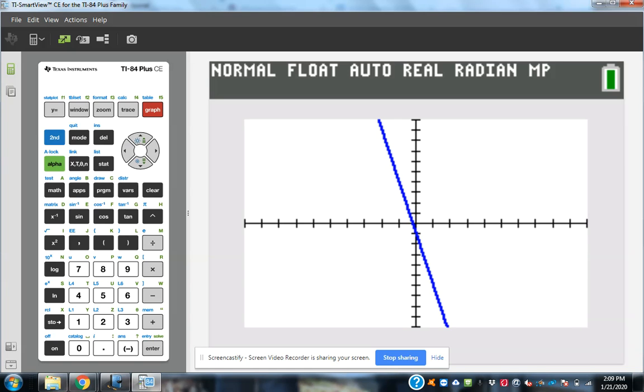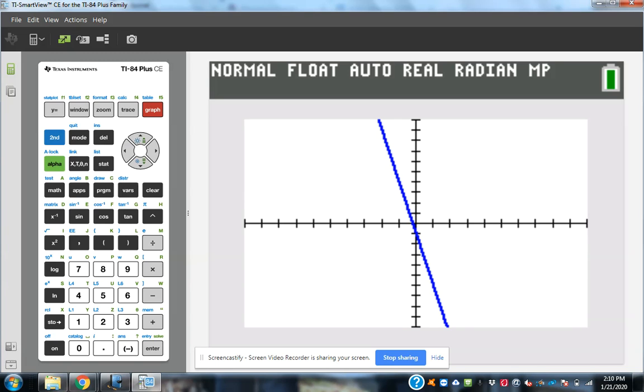Part of this class is a learning curve on this graphing calculator. Anytime you use it in window range here, do that and reset your window with a 10.